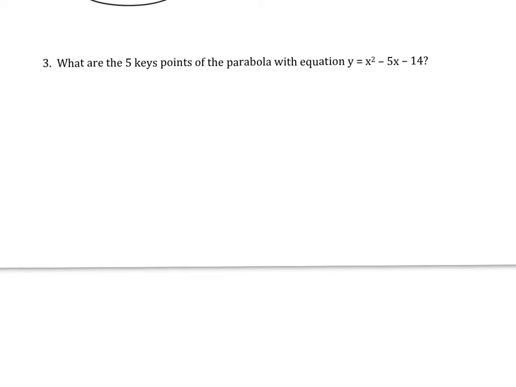Okay, 5 key points of this parabola here. Let's first find the vertex, which is going to have an x value of negative b over 2a, which gives us negative of negative 5 over 2 times 1, which is equal to 5 halves, or 2.5.